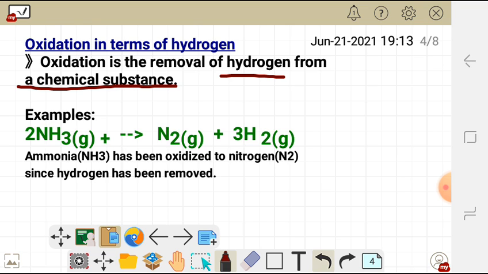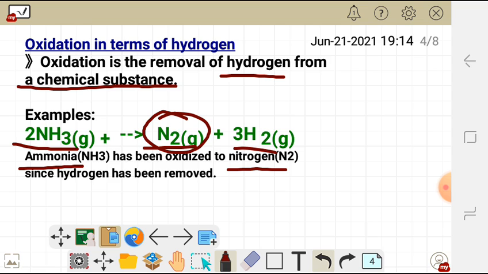For example, ammonia, which is NH3, decomposes to nitrogen and hydrogen. Since nitrogen has lost the hydrogen atoms, we can say ammonia has been oxidized to nitrogen since the hydrogen has been removed from it.